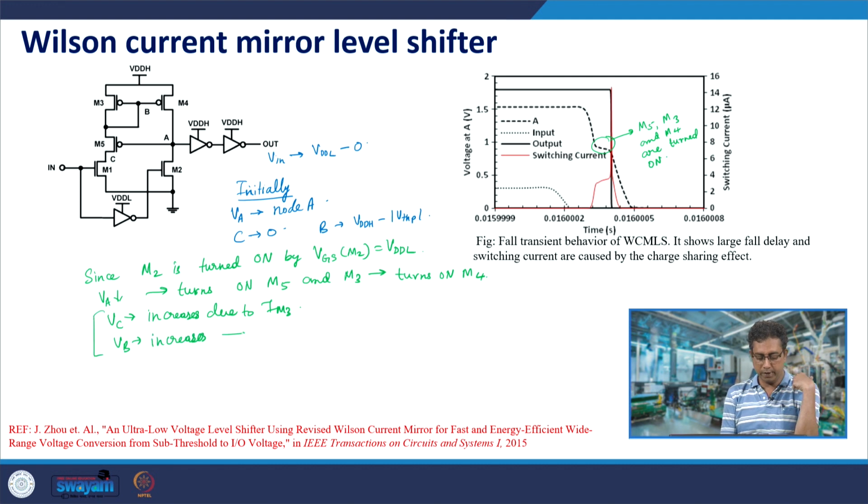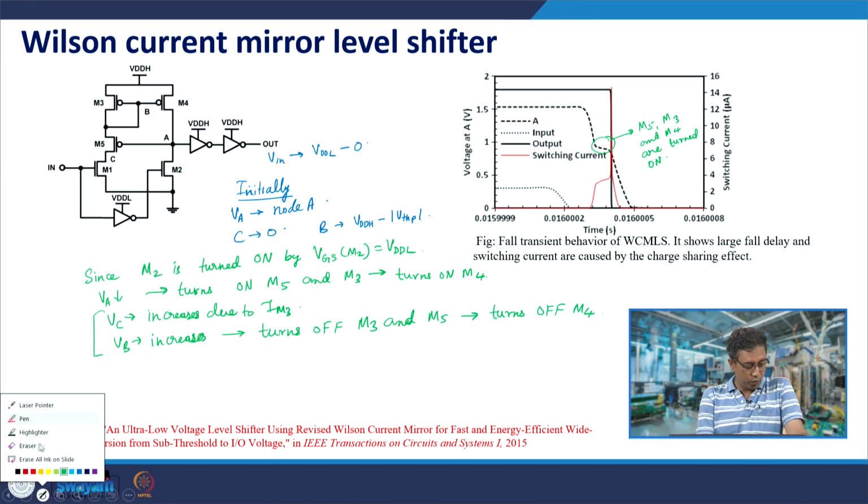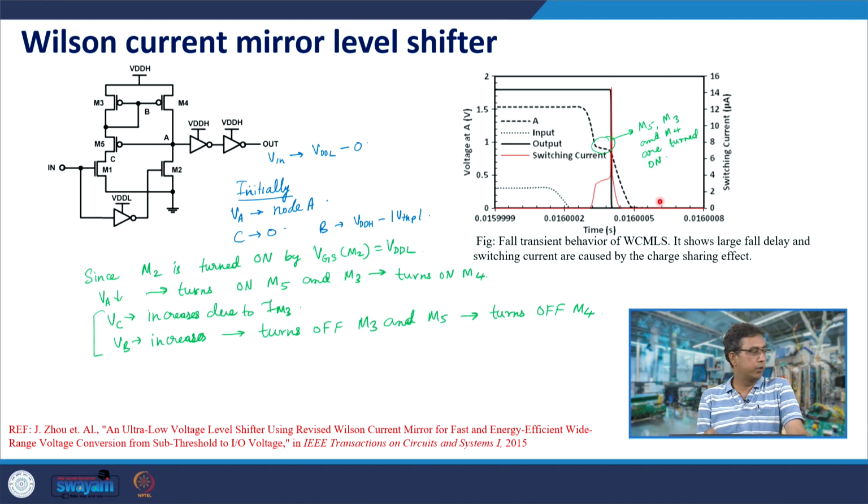This again turns off M3 and then M5. Once they are turned off, M4 also turns off and then eventually node A goes to 0. This is how the transient phenomenon looks when the input switches from VDDL to 0.